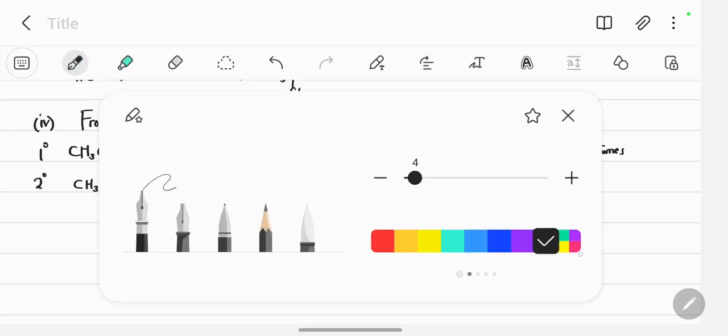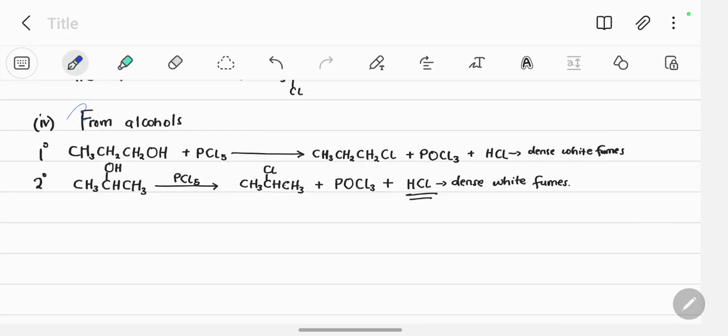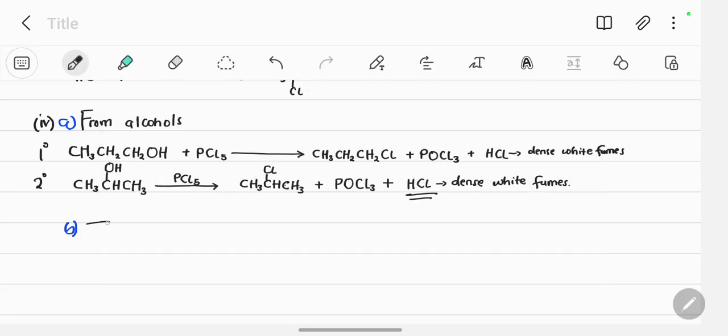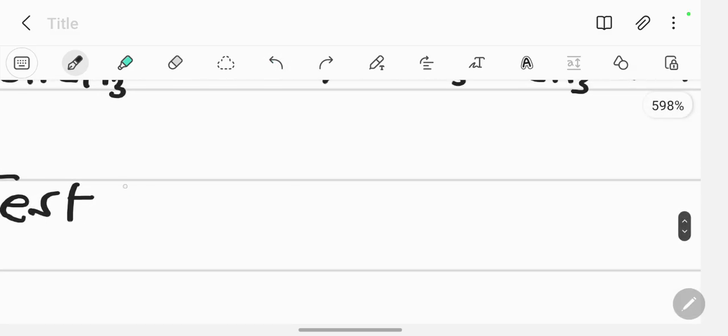So I'm going to call this one my part A. Then part B, I would say this one is a test for alcohols.